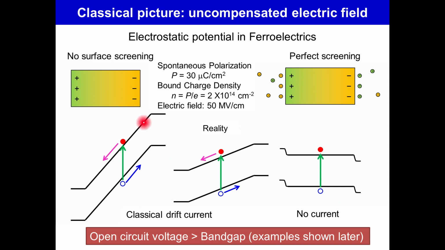However, when the crystal is exposed to air, if there are positive and negative charges on the surface of the crystal, ions with the opposite sign will be drawn to the surface, and the positive and negative charges will cancel each other out. And the slide in the crystal will not be inclined at all. This is the perfect ideal state, and in the real world, if you stay in this kind of in-between state, we all believed that this crystal with broken inversion symmetry and polarization would have a slip of about 1 volt.